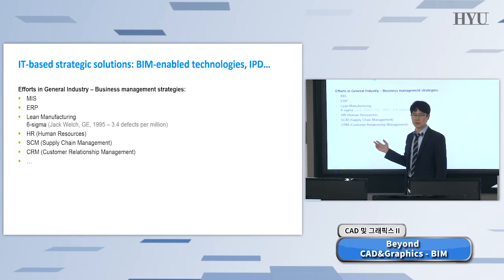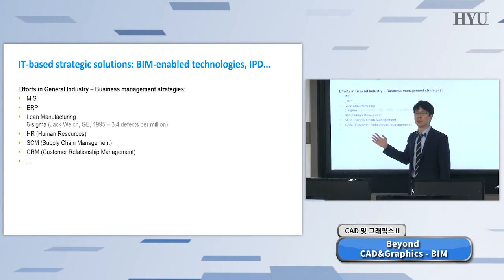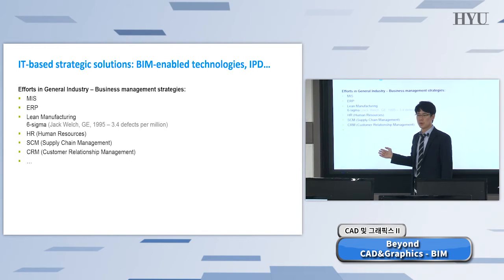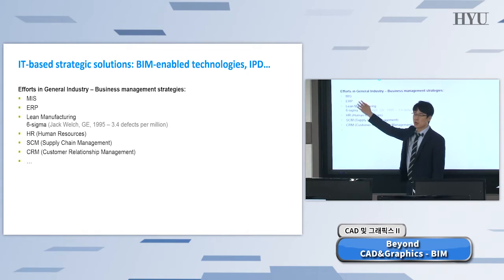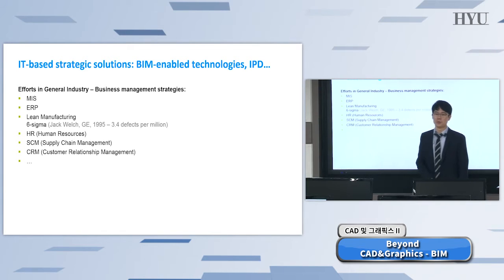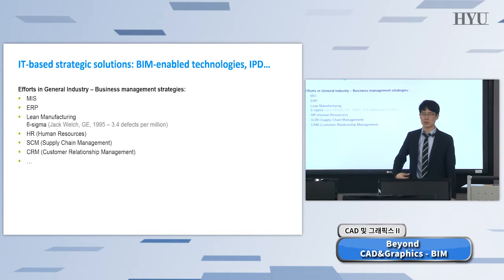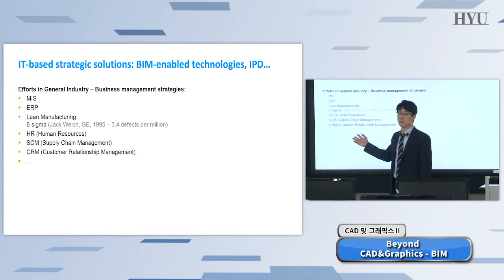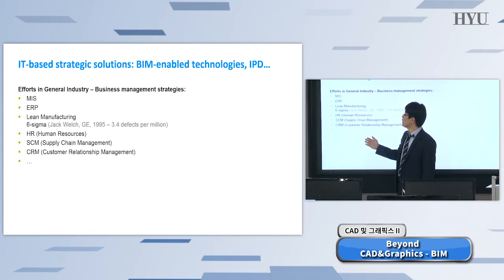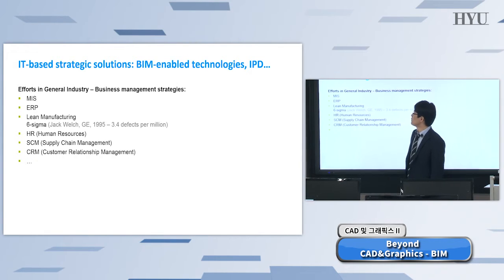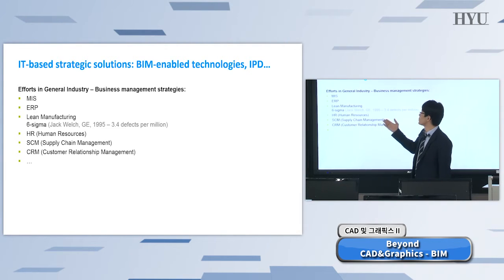What are those things? They are all innovative approaches for business, okay? You may know those terms if you read some related books or information documents or web documents and so on. Anyway, those are some general efforts in other industries, okay?